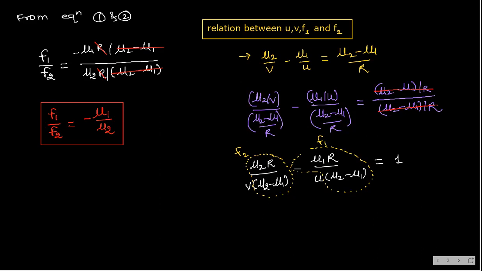So what we are getting now? F2 by v plus, because this minus value is f1, f1 by u is equal to 1. This is the relation between all these three. F2 by v plus f1 by u is equal to 1. Understood? Is that clear?